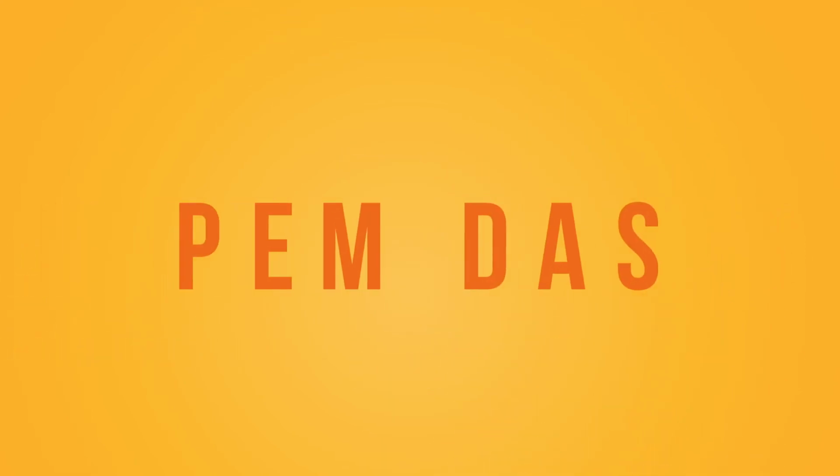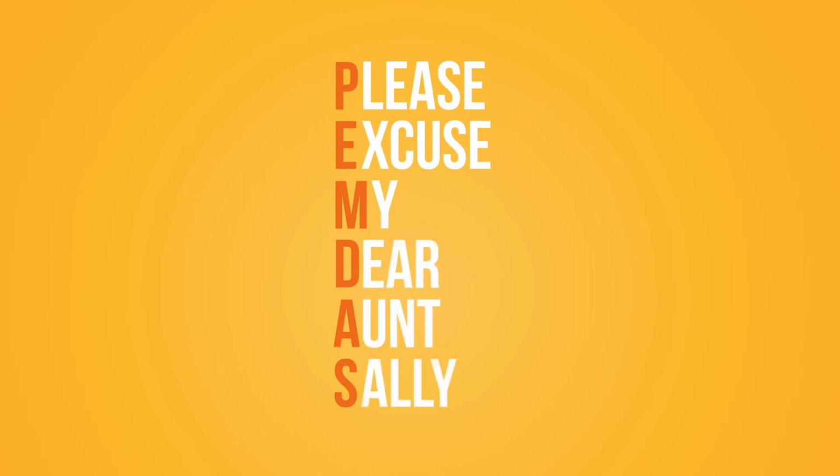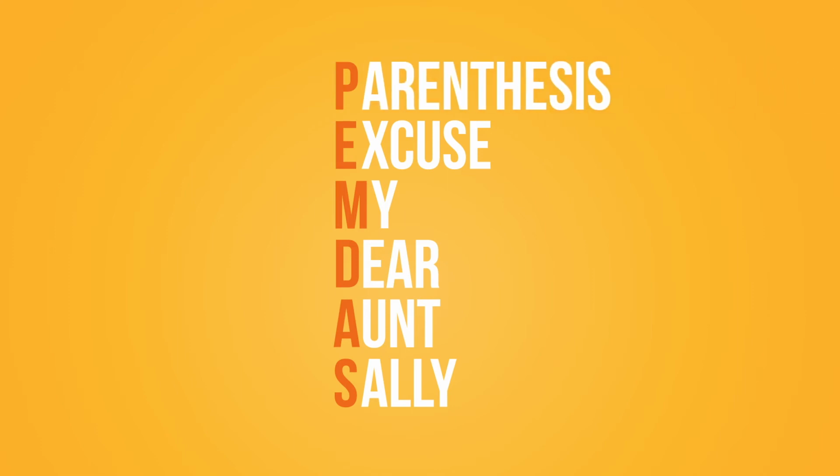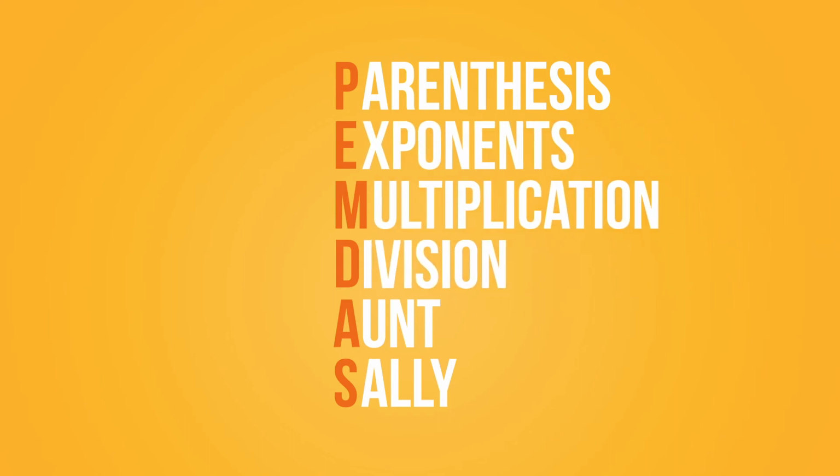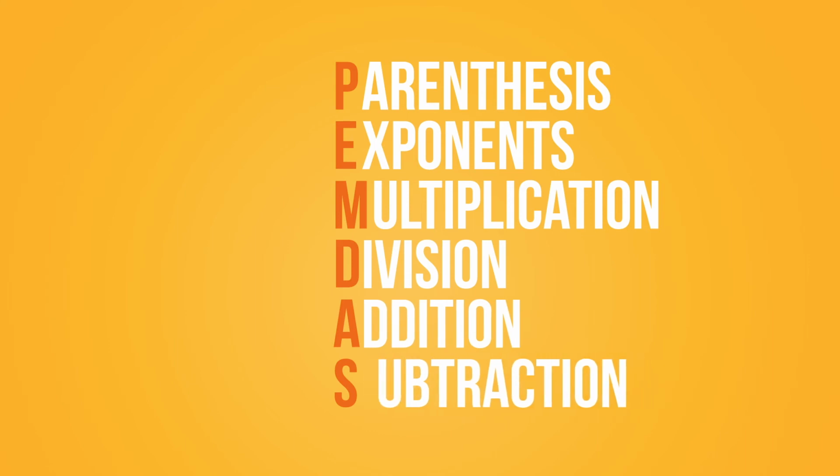The classic mnemonic for solving equations that's commonly used is PEMDAS. Please excuse my dear Aunt Sally or Sandra or whatever name that begins with the letter S. The letters actually stand for parentheses, exponents, multiplication and division, and finally addition and subtraction.